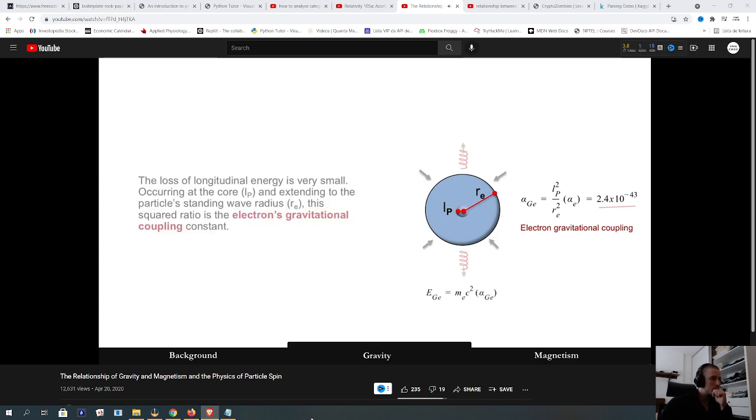Now that energy loss, what you're going to see in magnetism, is really small, right? What's energy? mc squared. So we're going to take the electron's mass, c squared, and then apply that coupling constant. Gravity is measured as a force. We're going to take that energy divided by distance, and that distance is going to be applied at the electron's radius. And this equation at the bottom right is going to be used later. So remember that. I'll show the equation later, but just remember this one.